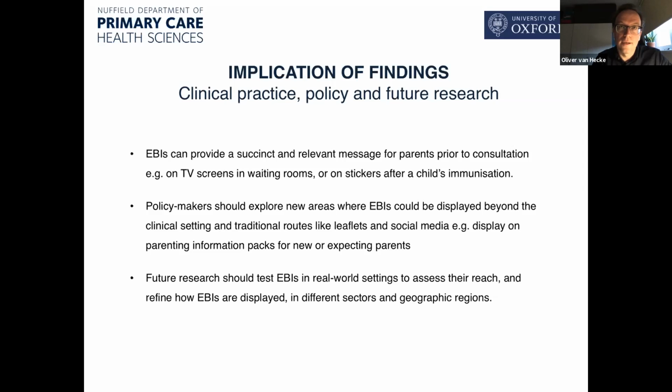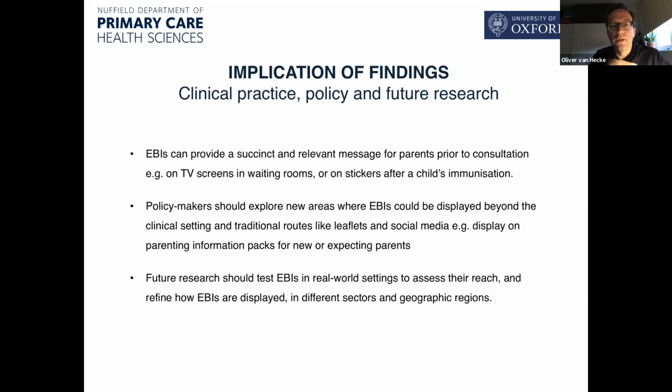But the concept of EBIs provides a visually appealing message that can draw in an audience and engage with them around antibiotic awareness, and graphically representing evidence succinctly also allows important health messages to traverse different languages, for example, across the globe.